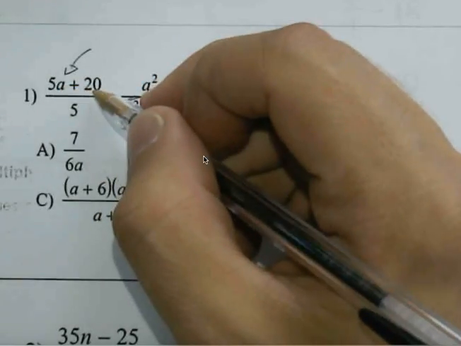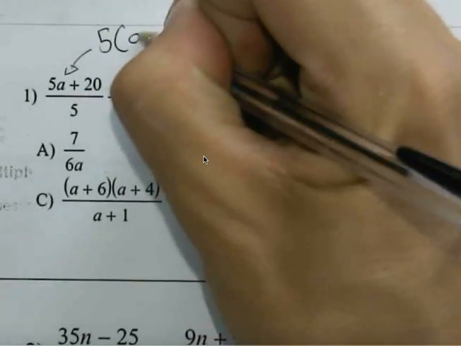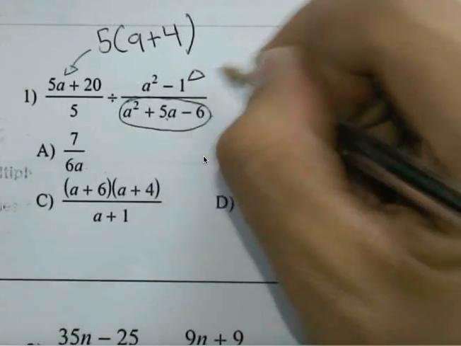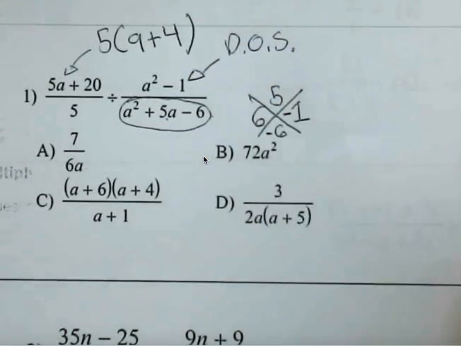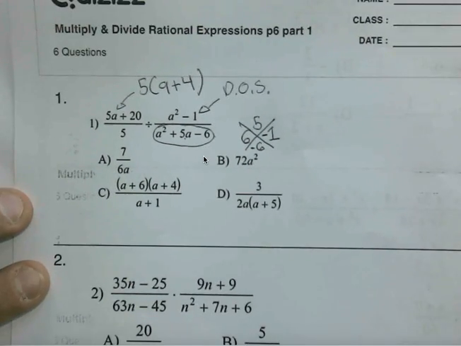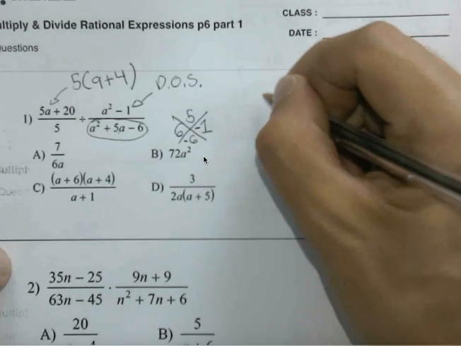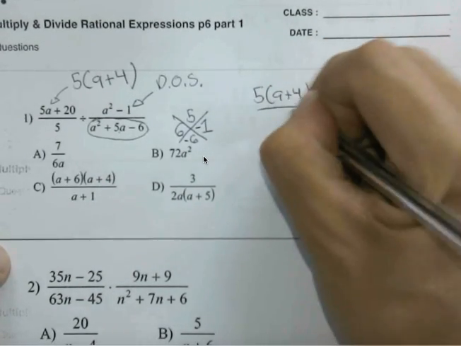With 5a plus 20, 5 is common with 5 and 20, so we take that out. We also see a squared minus 1, which is a difference of squares. And 5 is just 5. So what we're going to do here is just rewrite everything we can in its new factored form. So with the first fraction, this will be 5 times a plus 4 over 5.